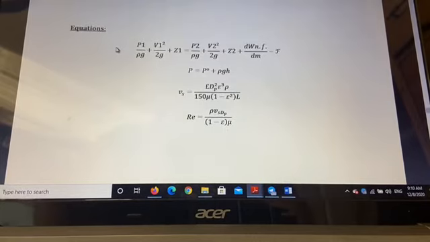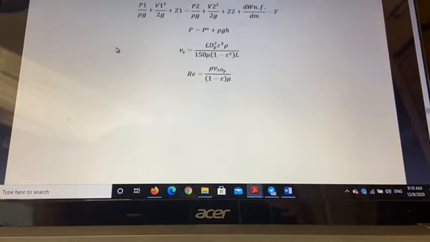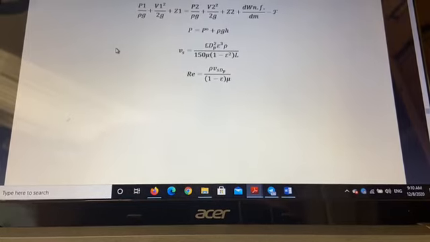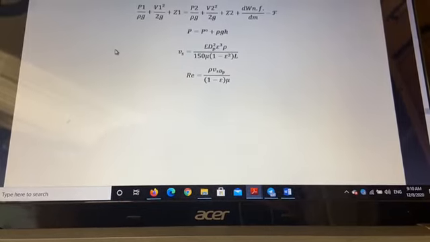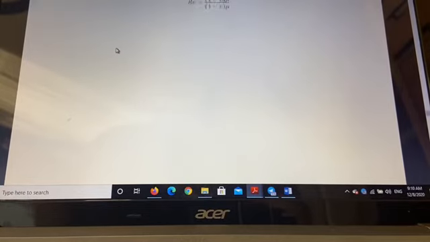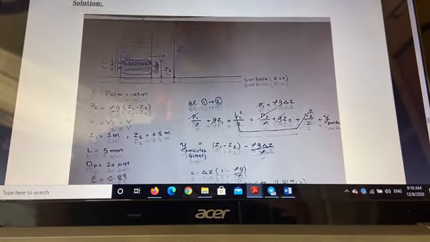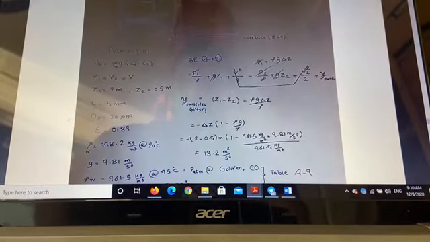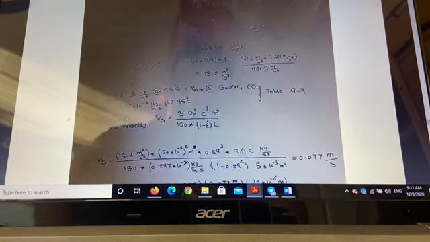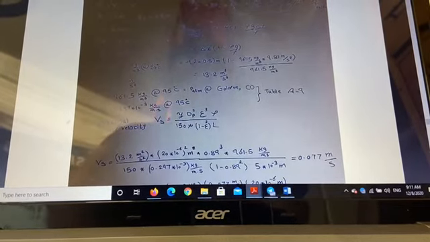Take a quick look at the equations. I have a Bernoulli equation and hydrostatic equation, and also I have the superficial velocity equation and Reynolds number for the porous media. Take a quick look at the solution. I have the Bernoulli equation, the extended form, and I found the friction in that case, and we have all the information.